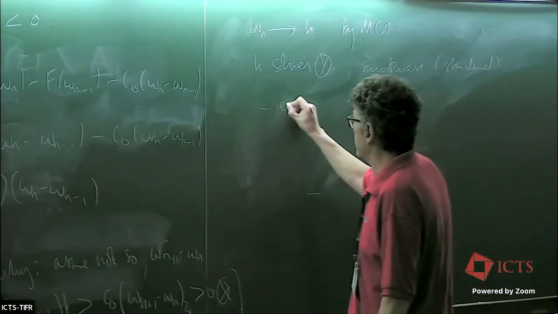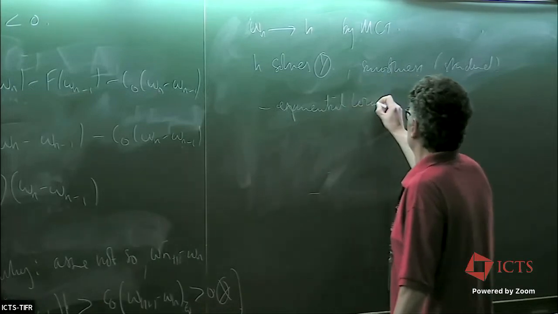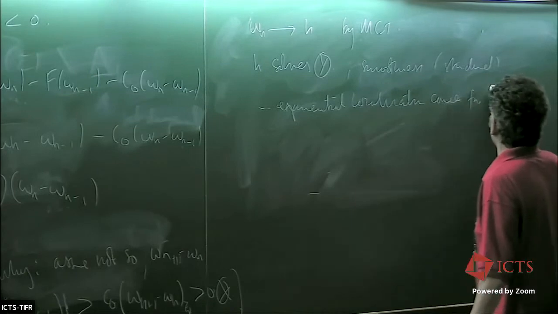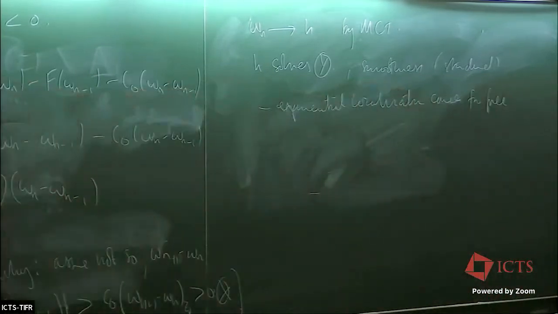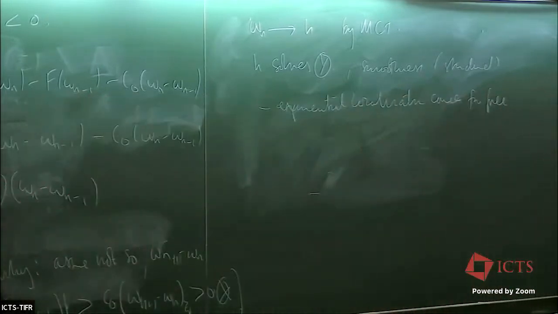And the fact that you get exponential localization comes for free, because you started off with these bounds here. All right, good. So, by working in that fashion, Yang managed to prove that solutions are in one-to-one correspondence with choices of pairs of disjoint effective divisors.